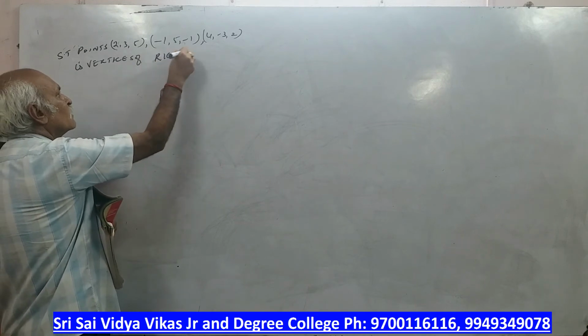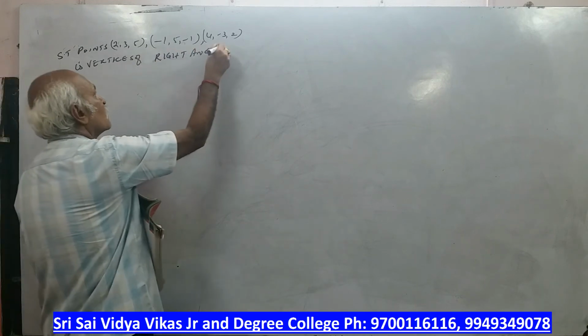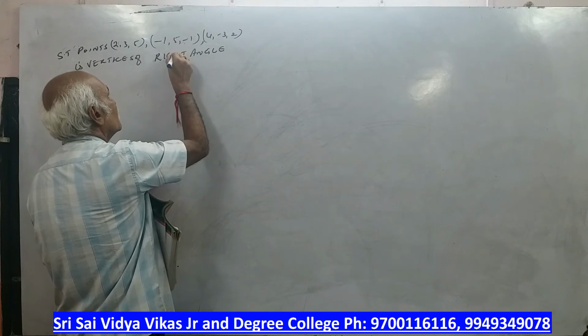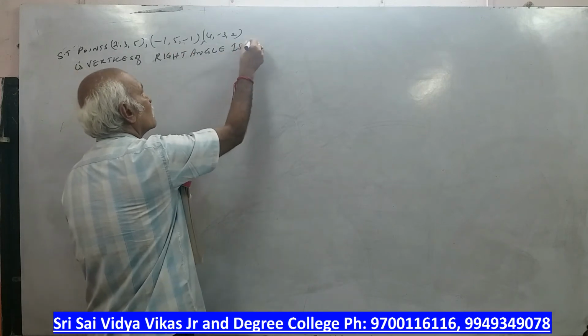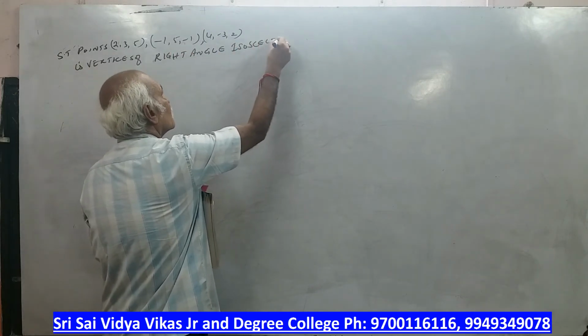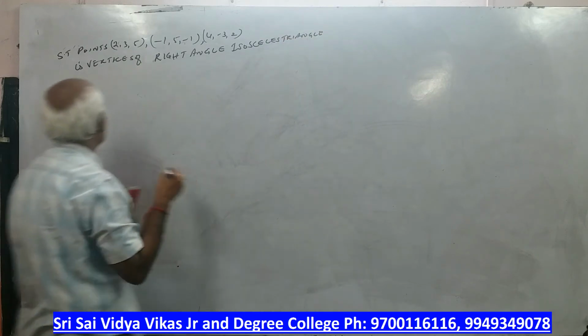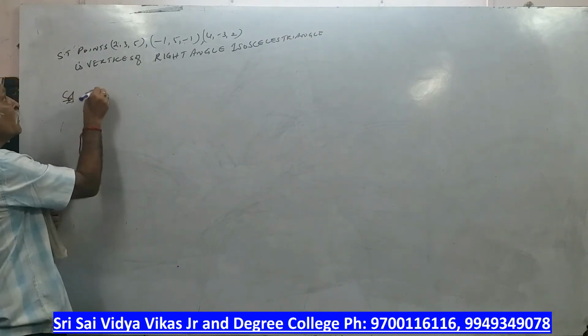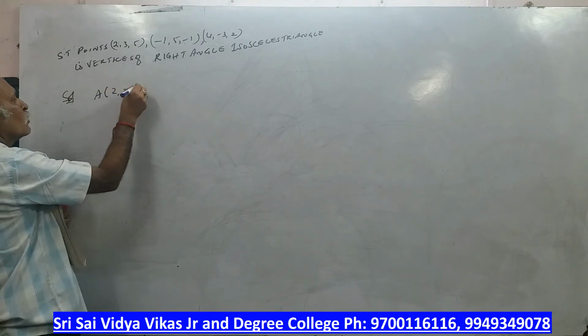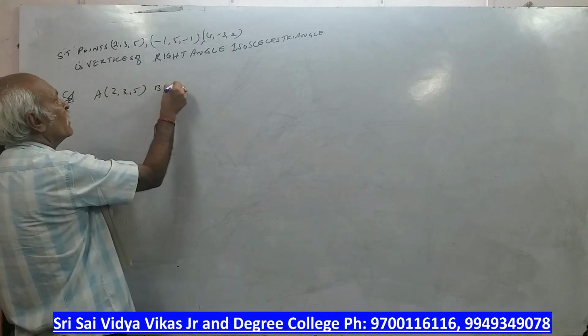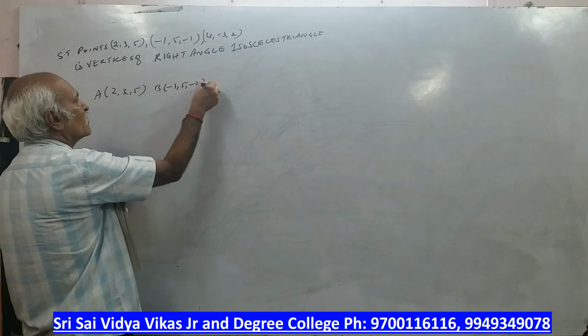Right angle isosceles triangle. Okay, solution. A point (2, 3, 5), B point (minus 1, 5, minus 1), C point (4, minus 3, 2).